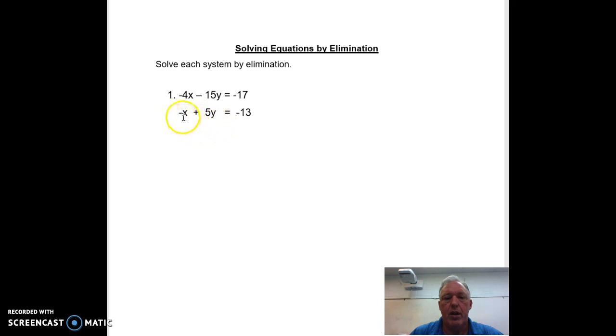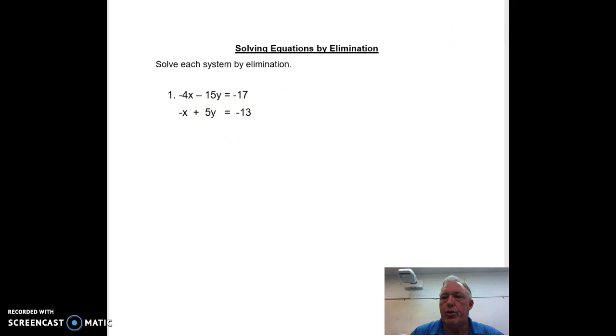How do we do that? If we want to choose 4, we're going to multiply everything in the bottom equation times 4. If we wanted to make the coefficient in front of y the same as 15, 5 times 3 would give you 15, so we multiply everything times 3.